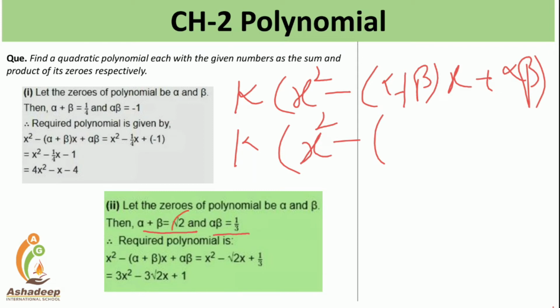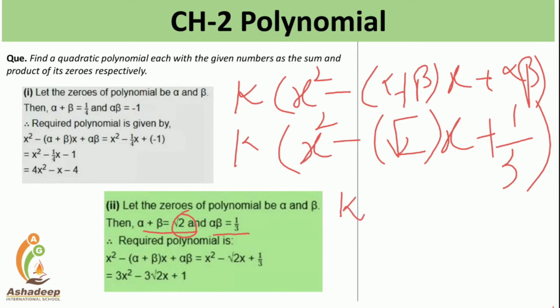What is the alpha plus beta? Square root of 2 x plus, what is alpha into beta? 1 upon 3. Right. Now if you want to take the LCM, then take the LCM, and if you want to leave it as it is, that is also fine, but we are going to take the LCM and then put the answer.